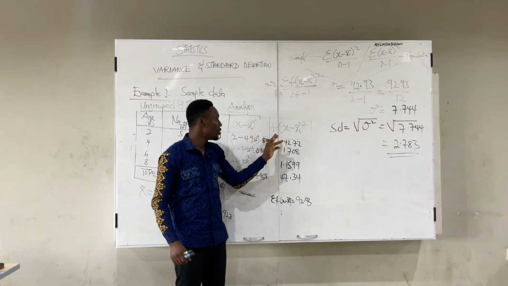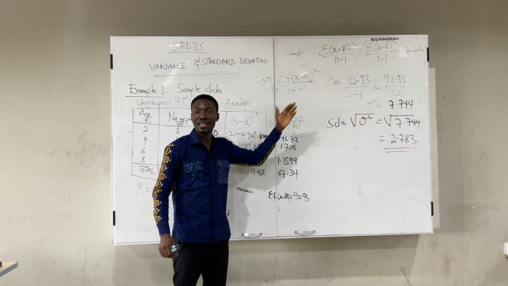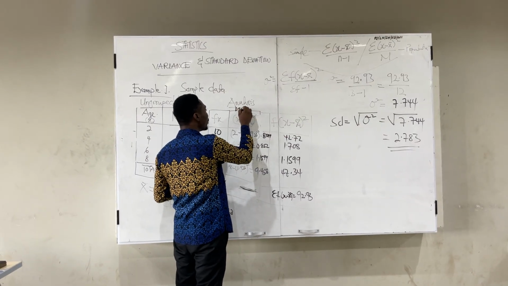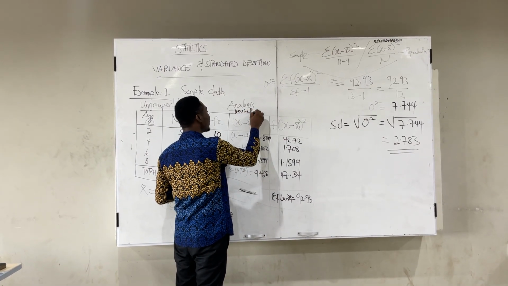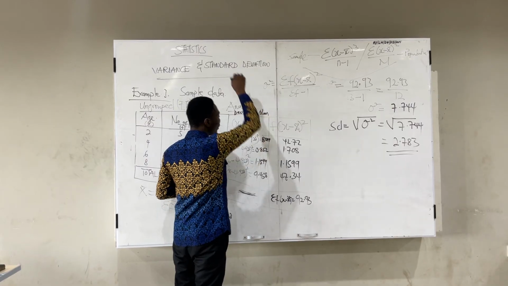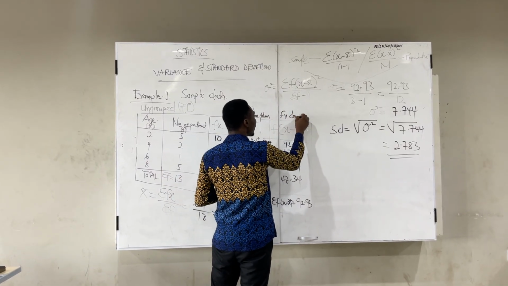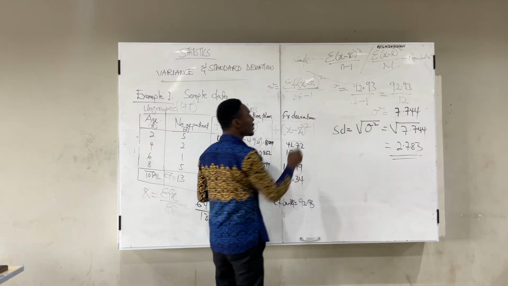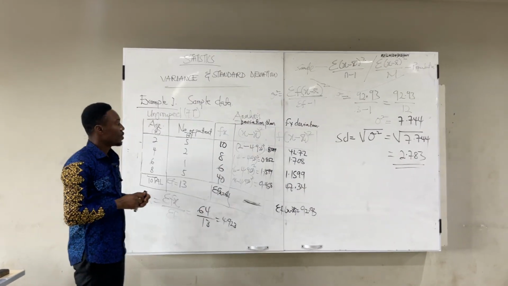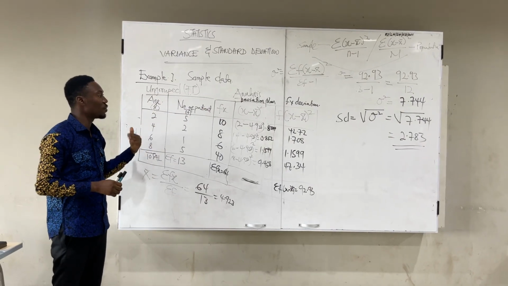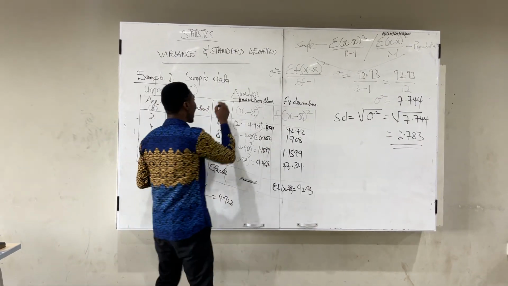This is what we call the deviation column. Then the last column is the frequency times the deviation. Anytime you are given an ungrouped frequency table to calculate the variance, these 3 columns are compulsory.